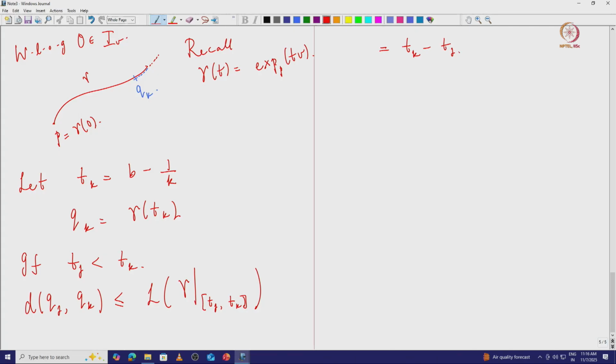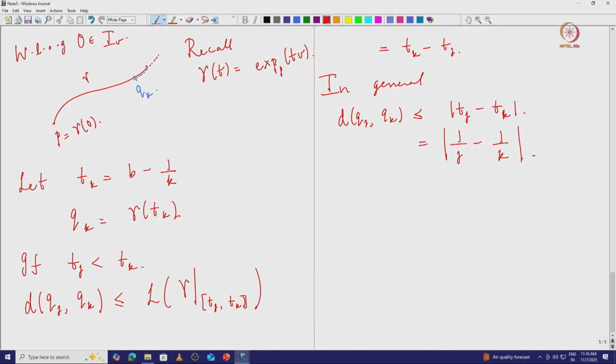Okay. So in general the distance between Qj and Qk is less than the absolute value of Tj minus Tk, but what is that? That is precisely just 1 by j minus 1 by k.